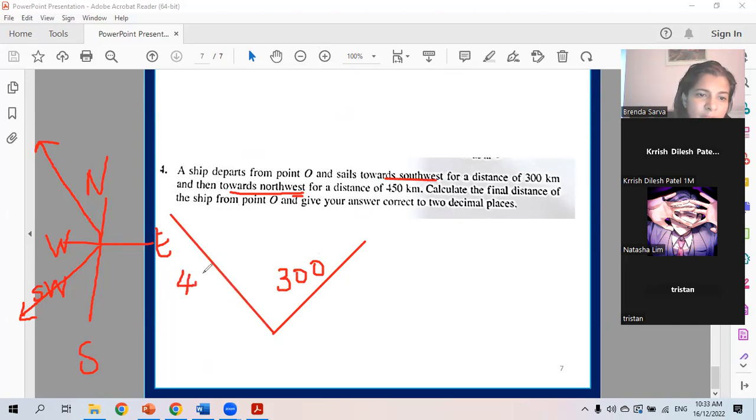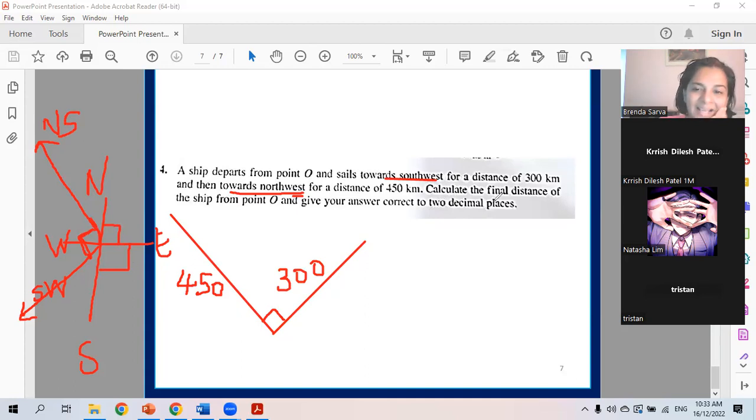So 450. Now remember, between this northwest and the southwest, the angle is 90. Because every angle here is still 90. So between southwest and northwest, you tilt it. If you look at it, it is 90 degrees. So yes, this will be 90 degrees. Now you're looking like a triangle, not Titanic.